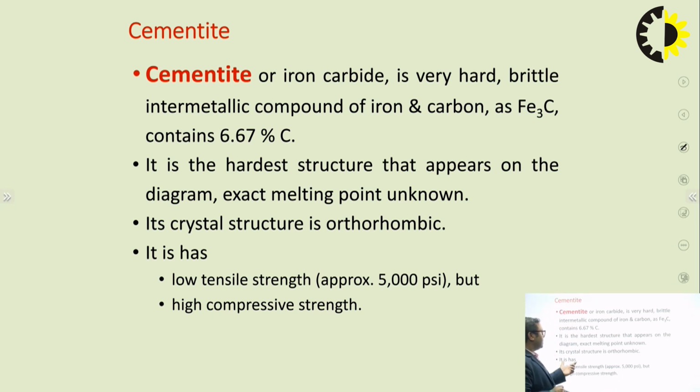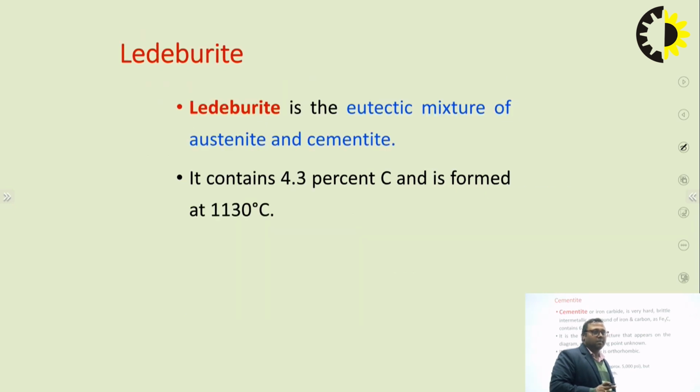Its crystal structure is orthorhombic. It has low tensile strength, approximately 5000 psi, but very high compressive strength. So you can see how different types of properties are seen in the case of cementite. It is one of the hardest phases which we see in the iron carbon diagram.